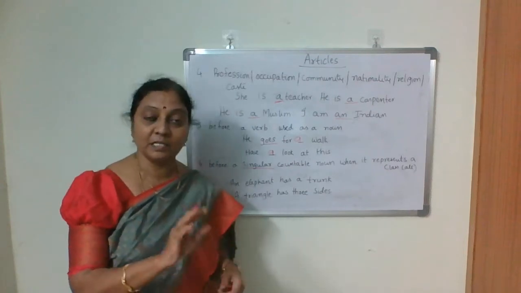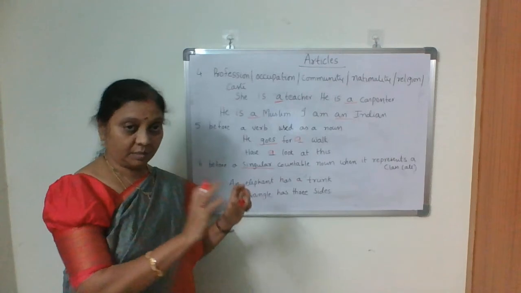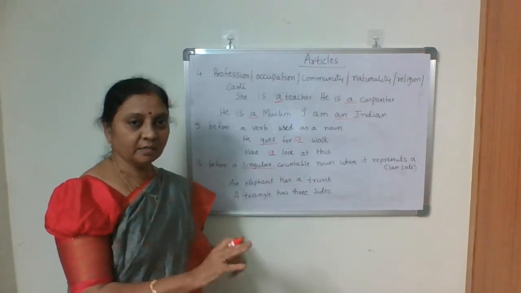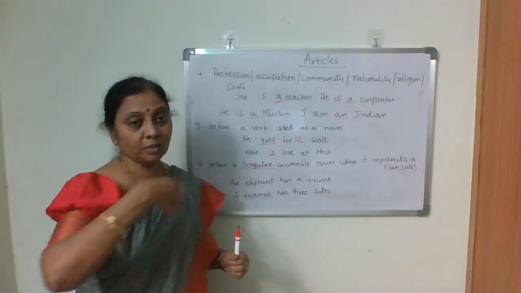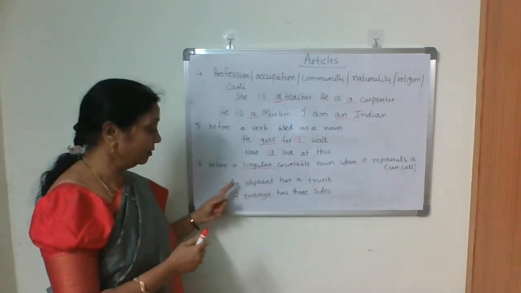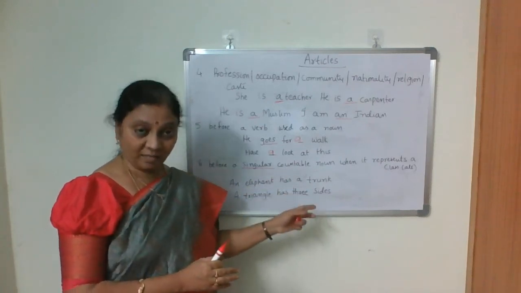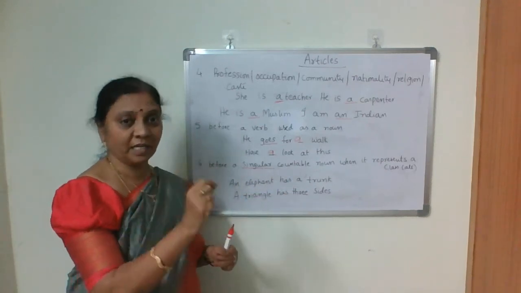An elephant has a trunk. It means this one elephant has a trunk, but it talks about the whole group. All elephants have trunks. That is the meaning.